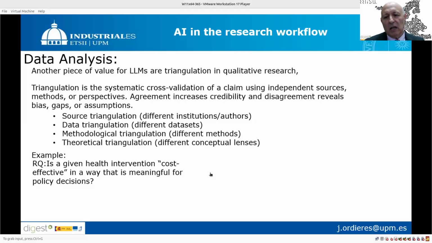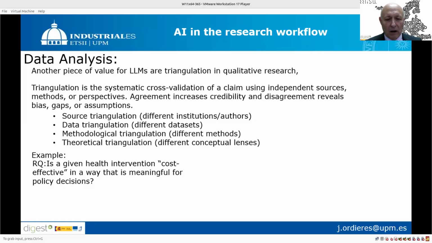The idea of triangulation is nothing else than running a kind of cross validation of a claim using different sources, different methods, different data sets, different lenses, whatever. So basically there are mainly 4 types of triangulation: source triangulation, data triangulation, methodological triangulation, and theoretical triangulation. It's up to you to decide which one makes sense for you in every single situation.